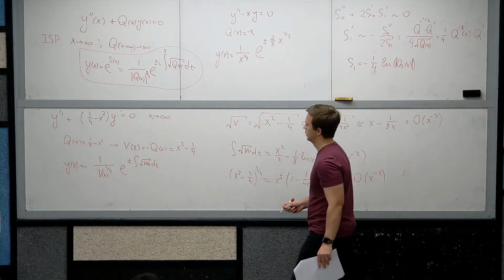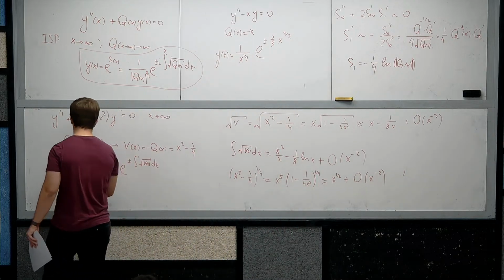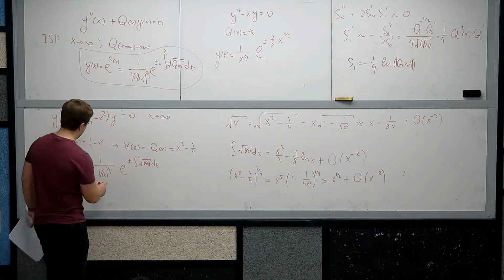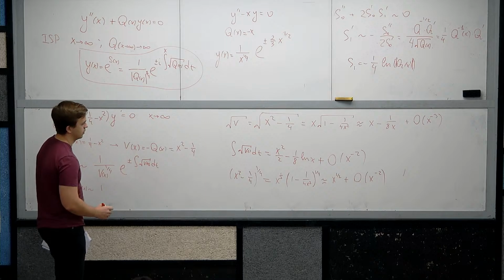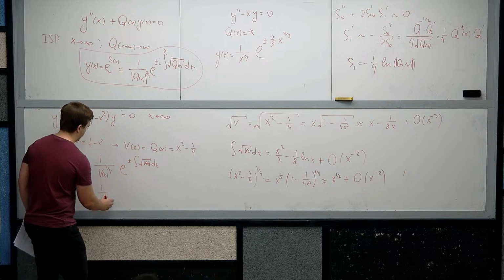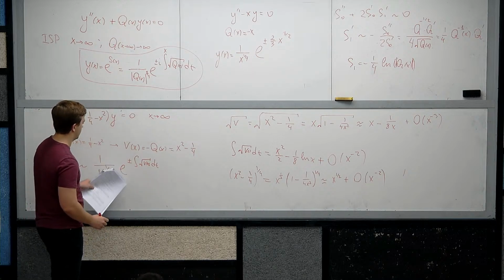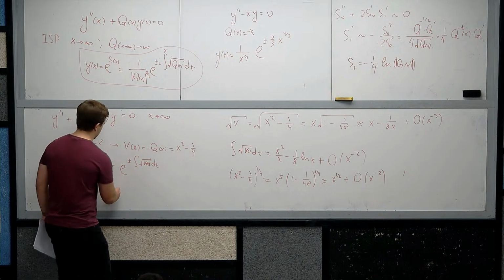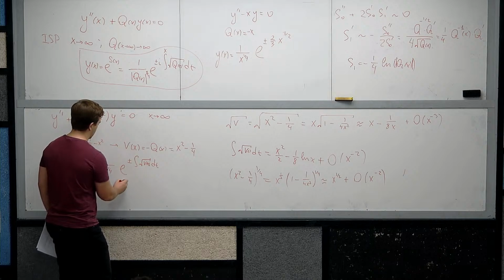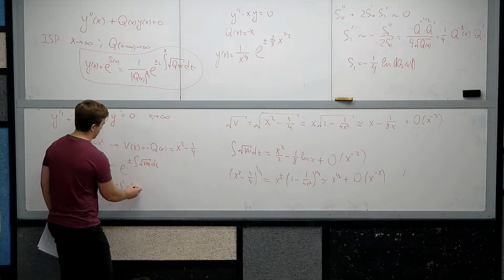So, the final answer, y of x is asymptotic to 1 over x to the 1/2. Then we have this exponent. So it's e to the plus minus x squared over 2 minus plus 1 over 8 ln x.